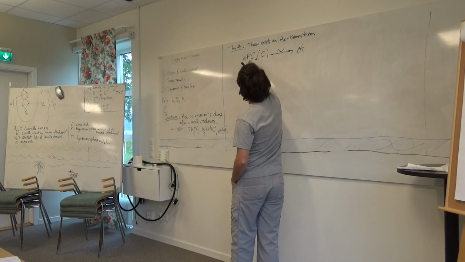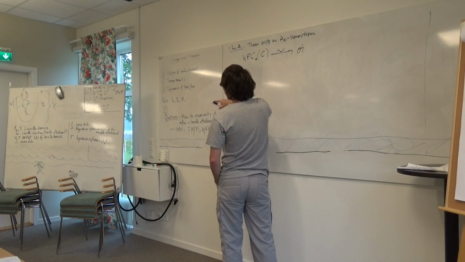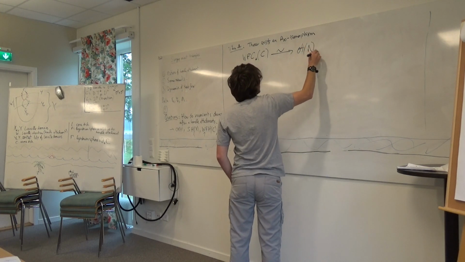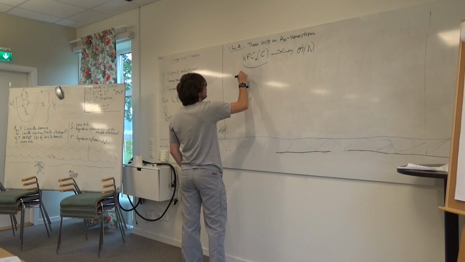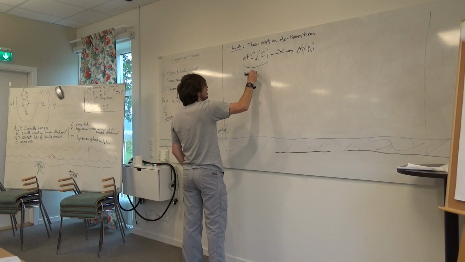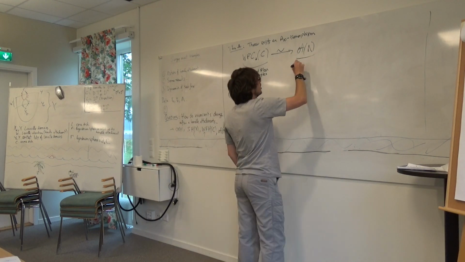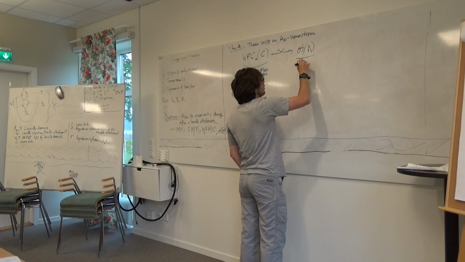From the wrapped Floer complex of C, which is a Lagrangian, and the DGA Chekanov. So this is the wrapped Floer complex. And this is the Chekanov DGA of lambda.